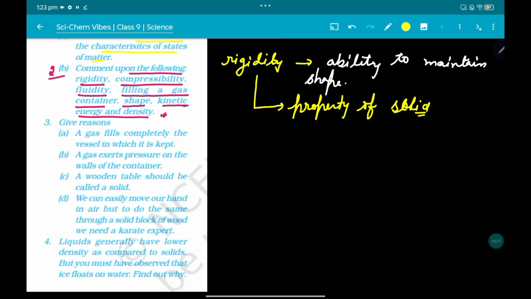So it is called rigidity. Next one is compressibility.